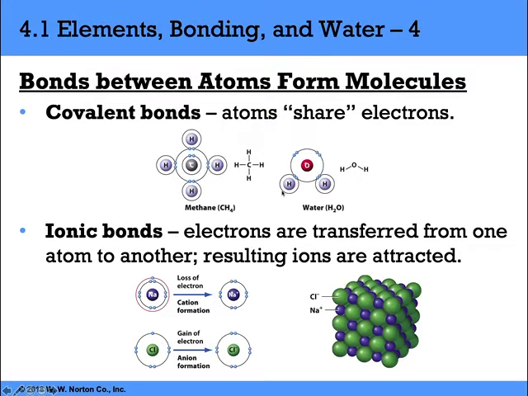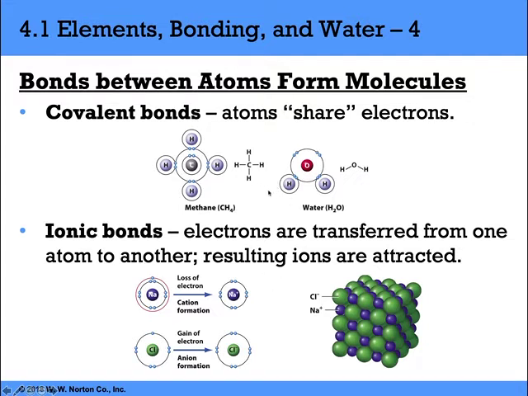Okay, and then the hydrogens, of course, with only one shell, right, have 2 each in each of their outer shells. A full outer shell means a low energy state, which means that it's stable. So it's going to basically stay the way it is until something comes along to upset it in the form of energy. Okay, ionic bonds are different.